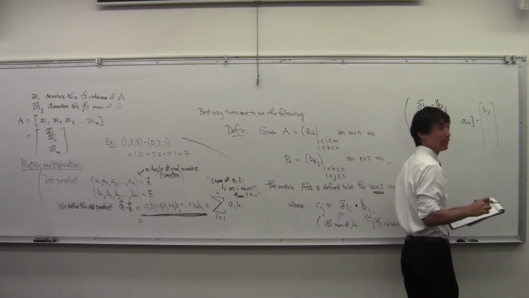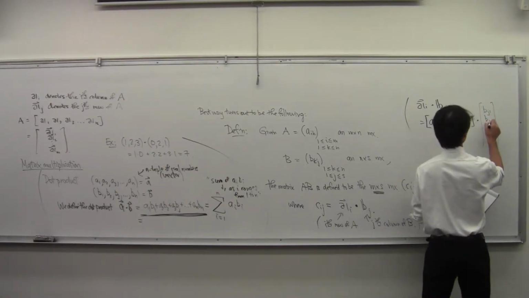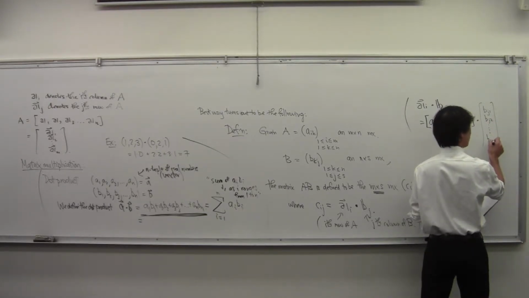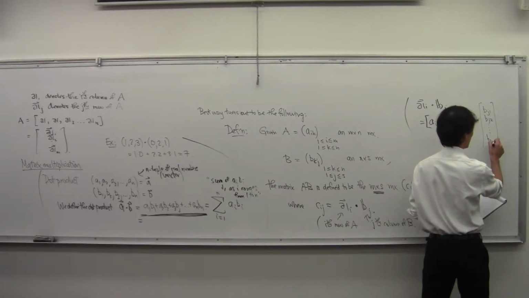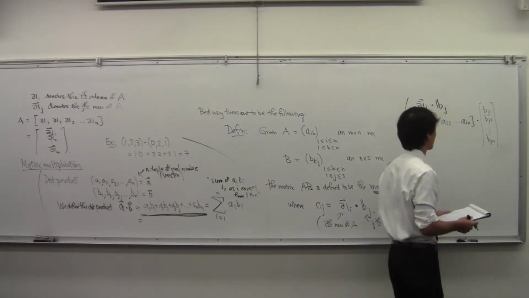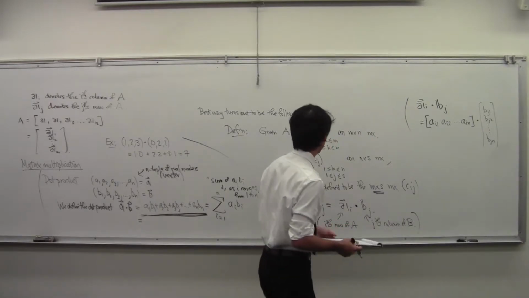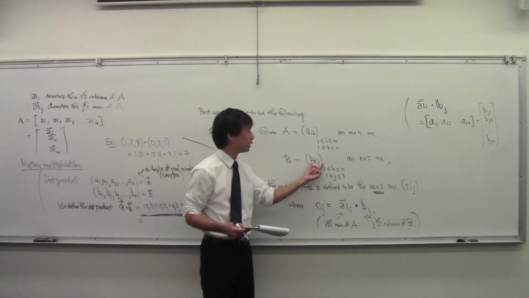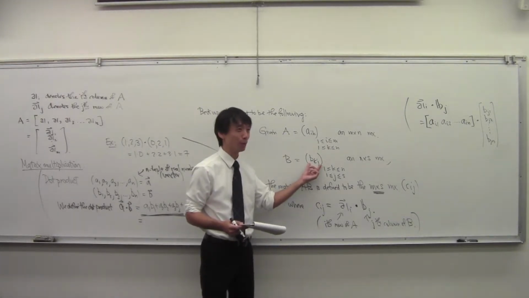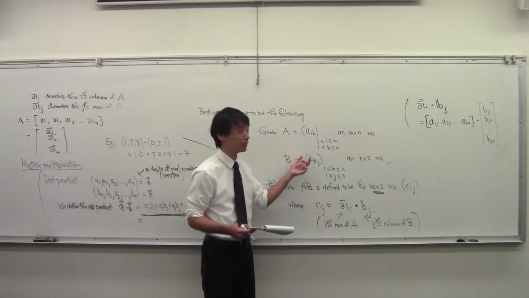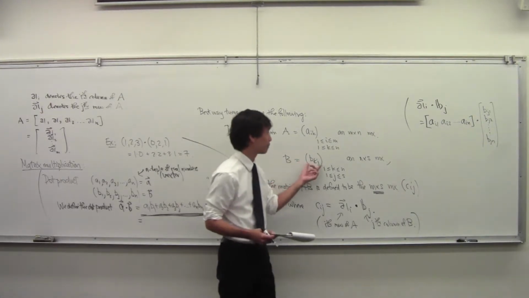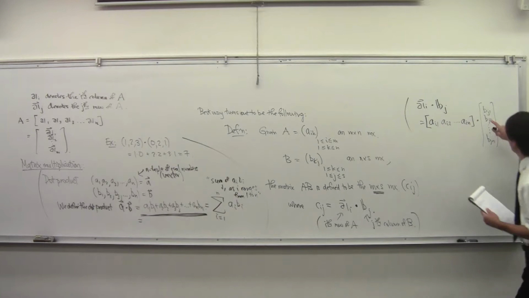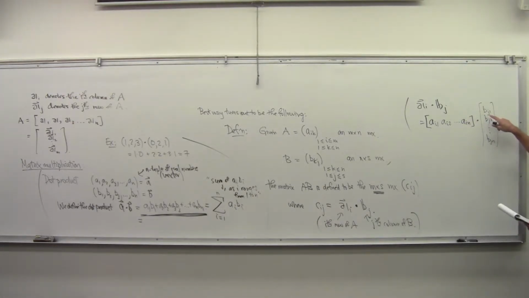B_j1, B_j2, B_jn. Exactly. The entries are not bolded because they're numbers. If it's bolded, it's some sort of vector. So those were bolded, but it described the whole matrix B.